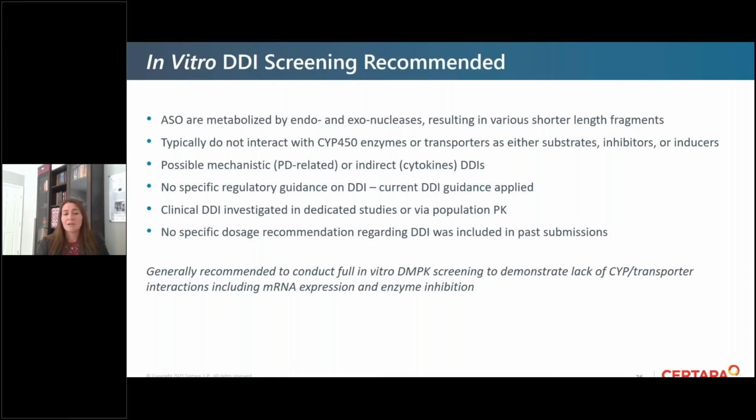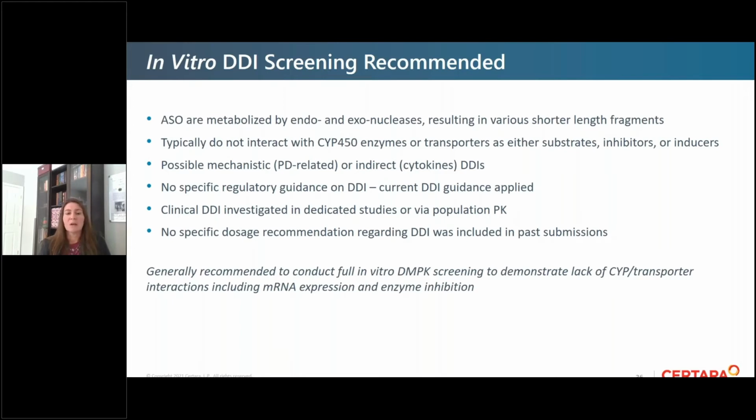That being said, there is a possibility of drug-drug interactions from a mechanistic perspective, which can be related to the pharmacological effects, and I have one example on that that I can present later. And there's also a possibility of indirect DDI due to cytokine storms. So knowing how your drug behaves in vivo is important for you to decide what studies you need.